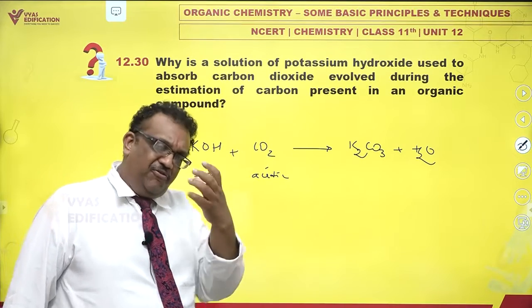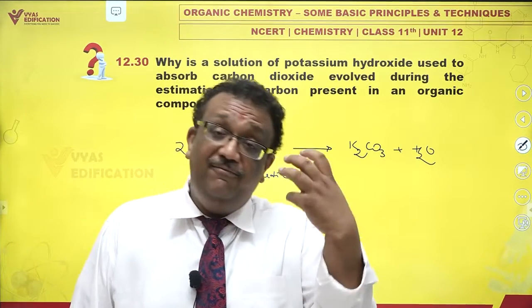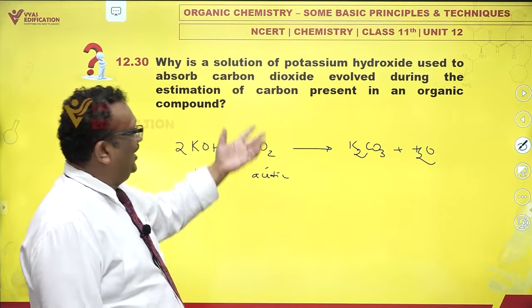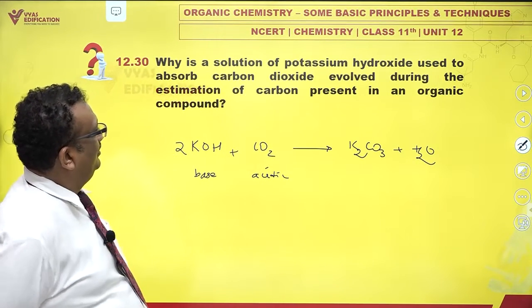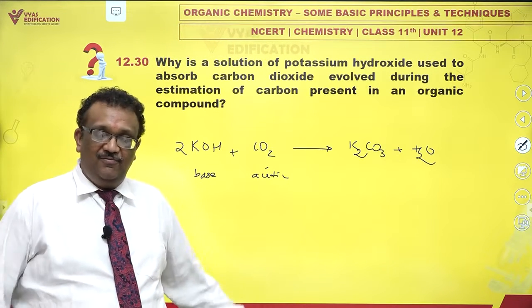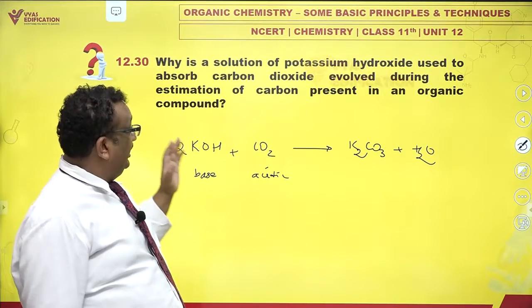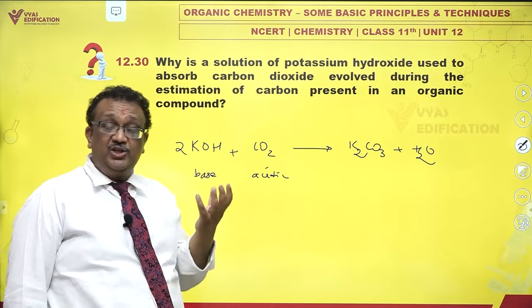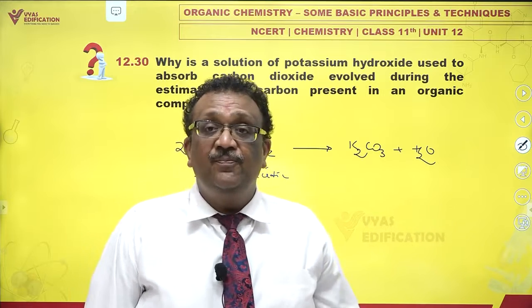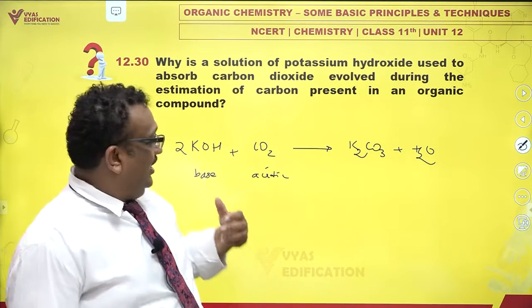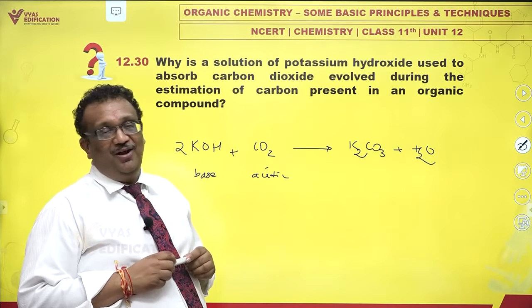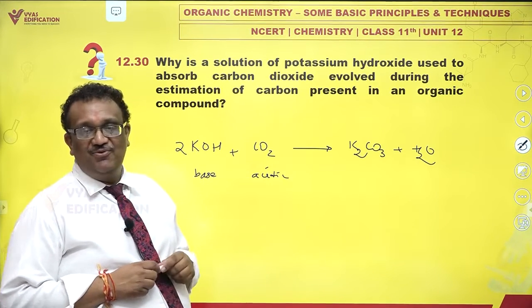So it traps all the carbon dioxide, it very effectively removes all the carbon dioxide. And that is why it is used in removal of carbon dioxide from estimations. So when carbon dioxide is passed through potash bulbs, this is also called potash, it is absorbed, and the increase in mass of potash bulbs would give you the mass of carbon dioxide as per this reaction.